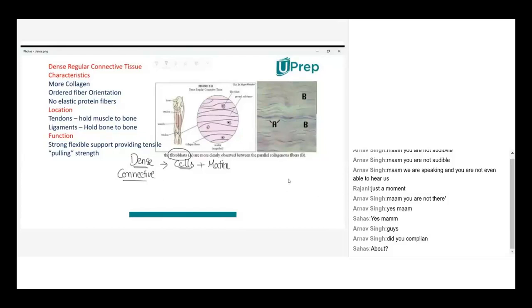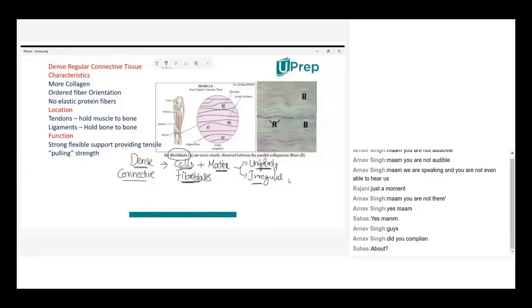The cells called fibroblasts are dispersed in the matrix either uniformly or irregularly. They can be arranged in either form. They can be arranged uniformly or they can be arranged irregularly.